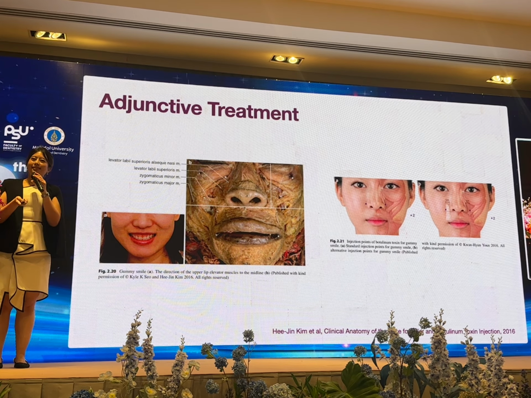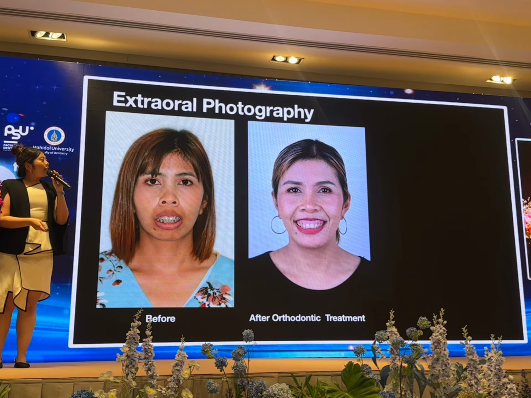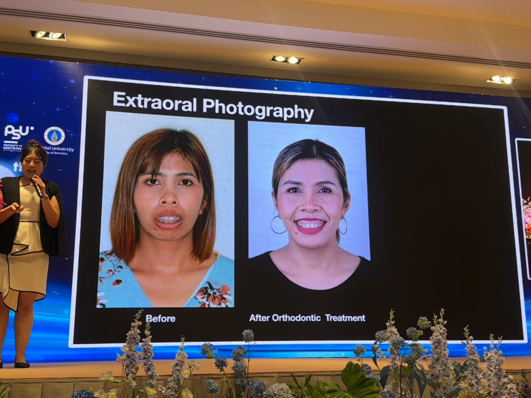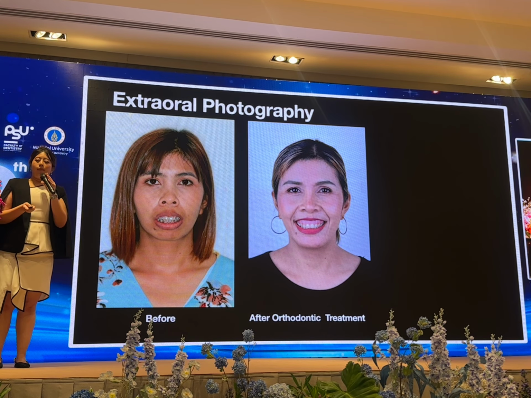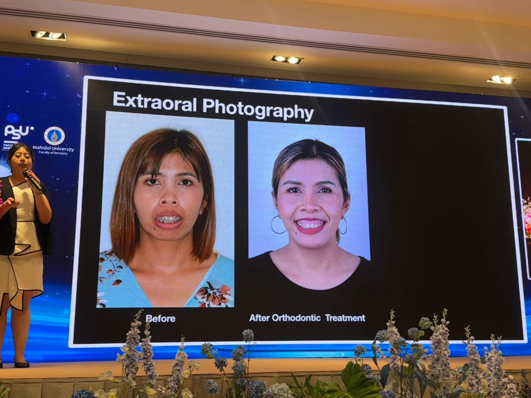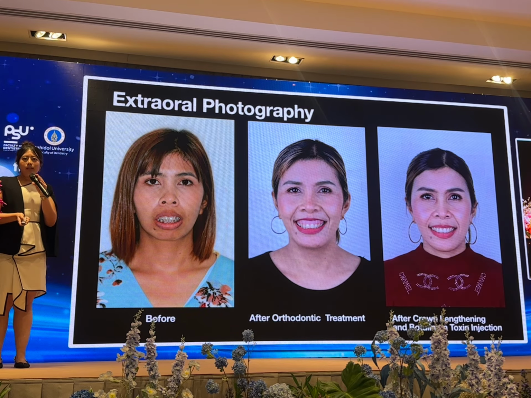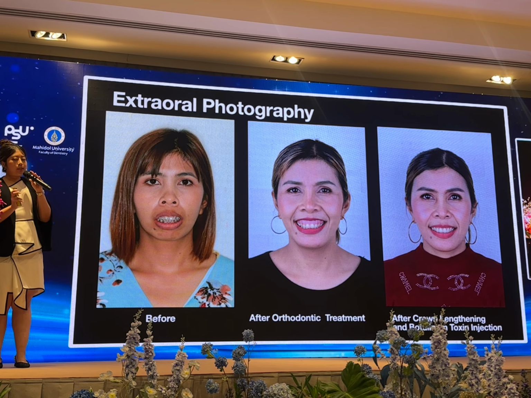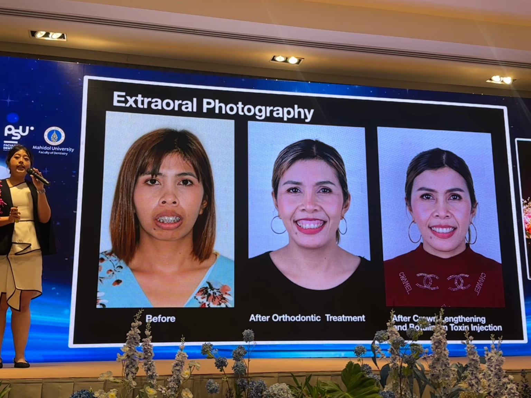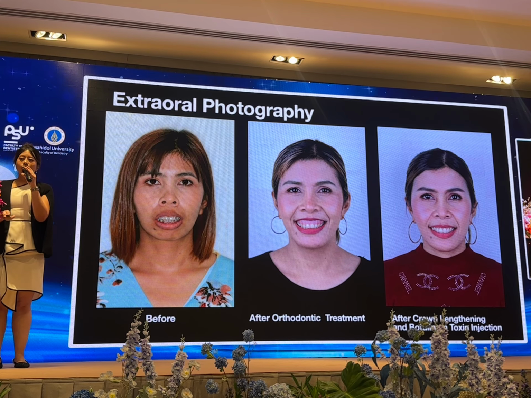Yes, like that. So after the long journey, finally, here's the outcome after both the crown lengthening and the botulinum toxin injection. Here, you can see the amount of gingival display was significantly reduced, and the patient is very happy with her new smile.